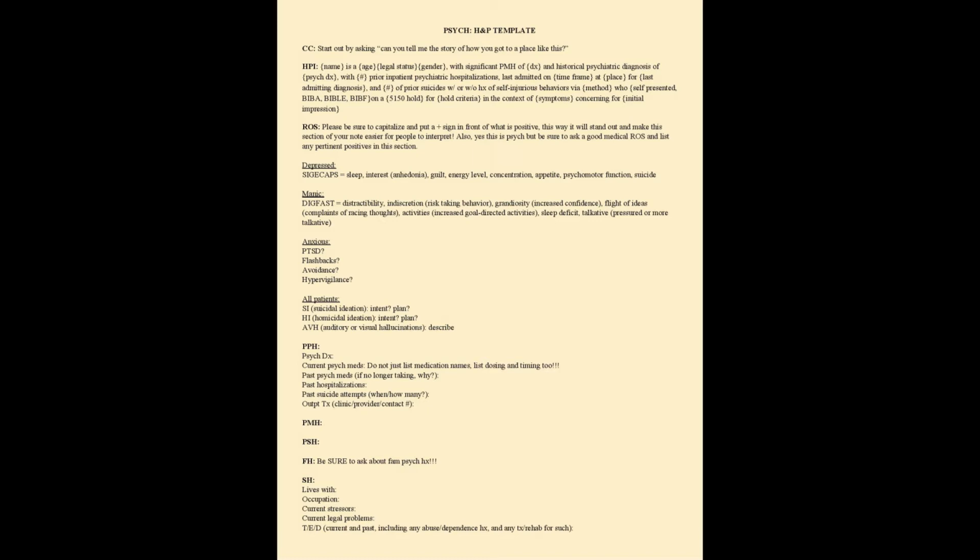BIBA is brought in by ambulance, BIBL is brought in by law enforcement, or BIBF would be by family. And whether or not they're on a 5150 hold, what was the criteria for establishing this hold, and then what symptoms they're showing initially when they're found.